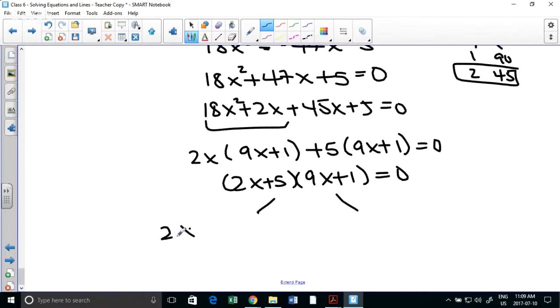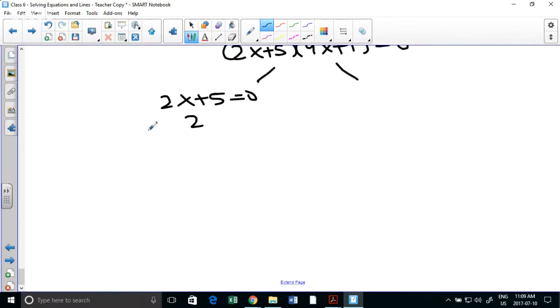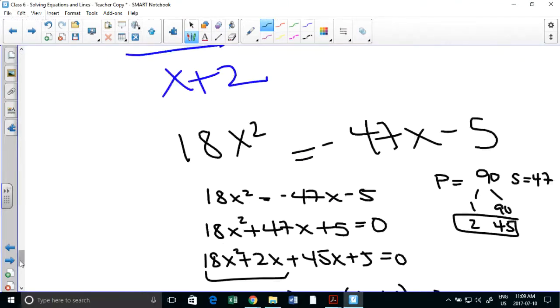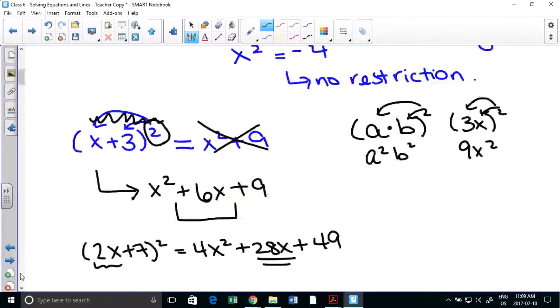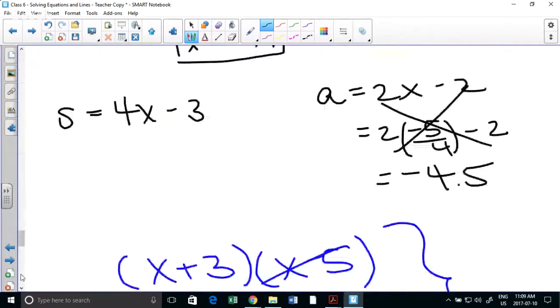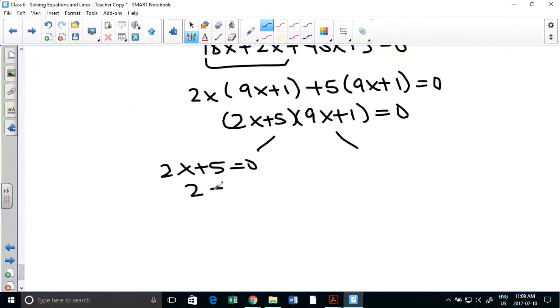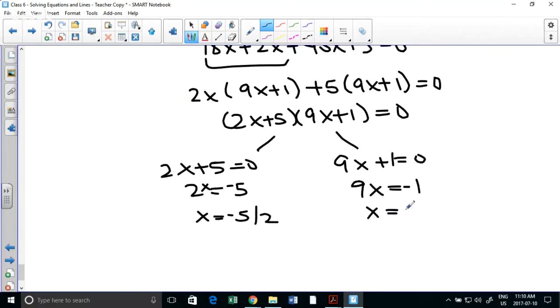Solving each of these individually. Setting them each equal to 0 and solving gives you two possibilities. So these would be your two solutions. So your answer is A.